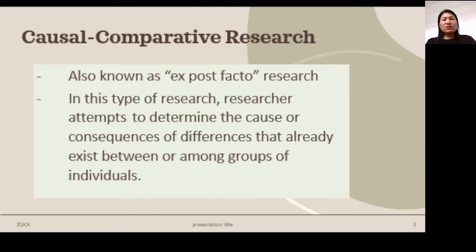Hence, the researcher in this type of research has to study this in a retrospective manner. In this type of research, the researcher attempts to determine the cause or consequences of differences that already existed between or among groups of individuals.